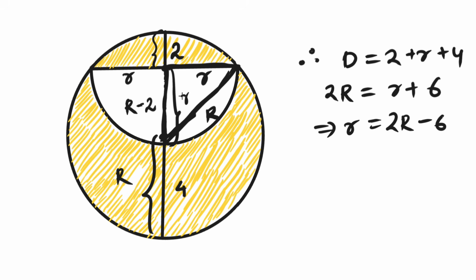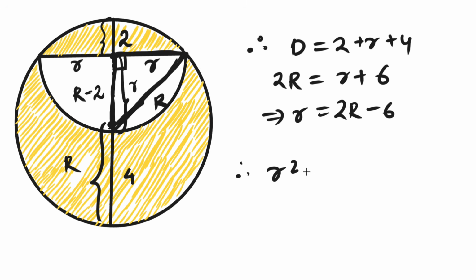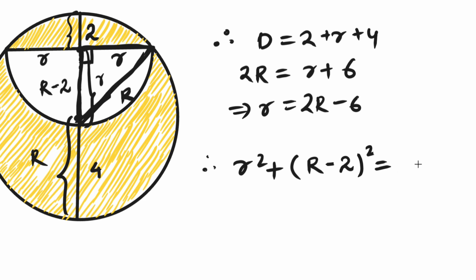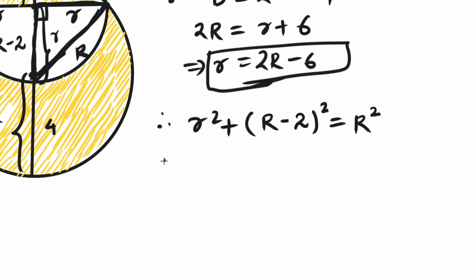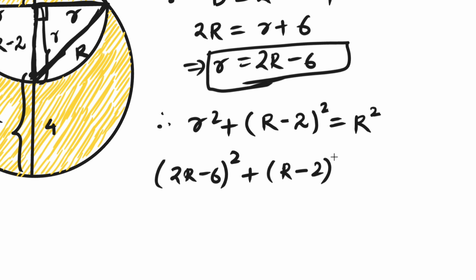By the Pythagorean theorem, the square of the horizontal leg plus the square of the vertical leg equals the square of the hypotenuse. Therefore, r squared plus the quantity R minus 2 whole squared equals R squared. Now substitute r equals R minus 3. We get the quantity R minus 3 whole squared plus the quantity R minus 2 whole squared equals R squared.